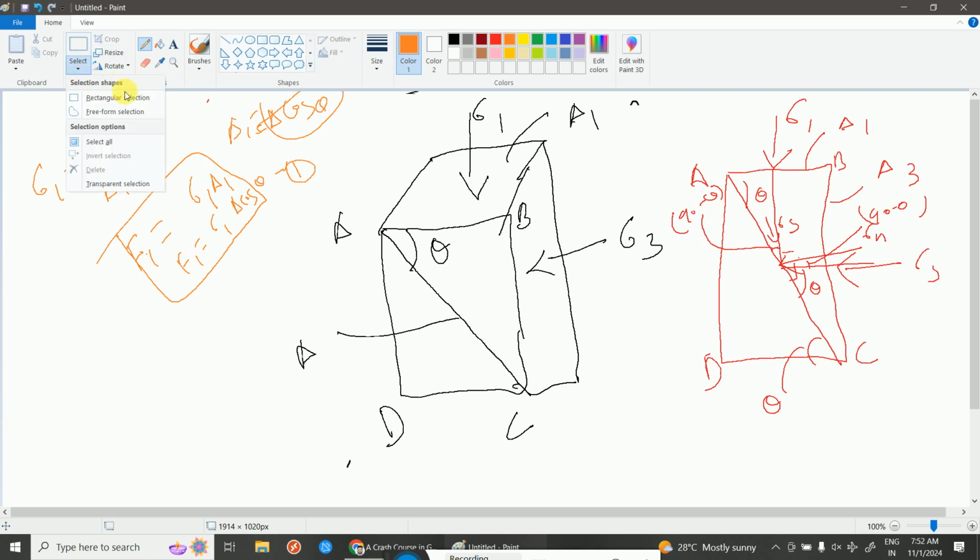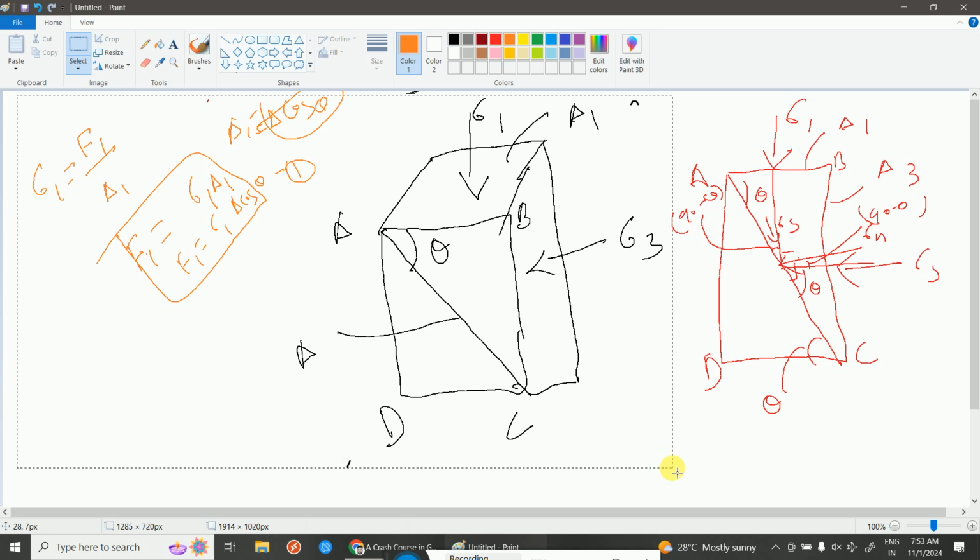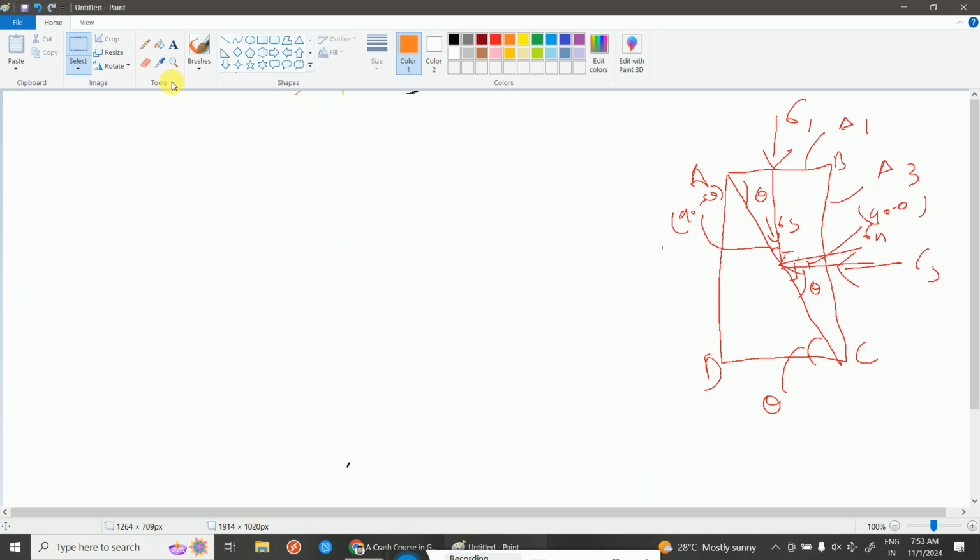So we will remove all things. Here it is written: F1 is equal to sigma 1 A cos theta. This is equation 1. Similarly, here this is the F1 force.